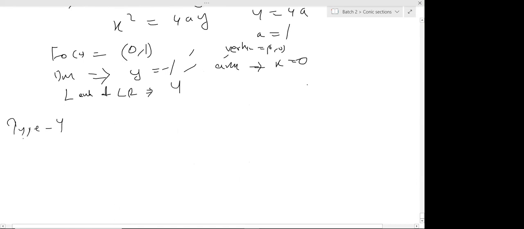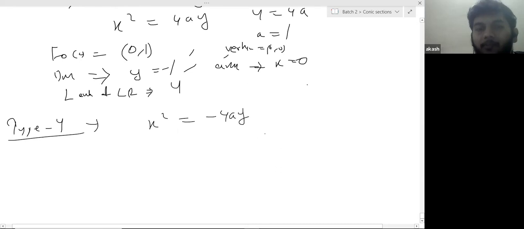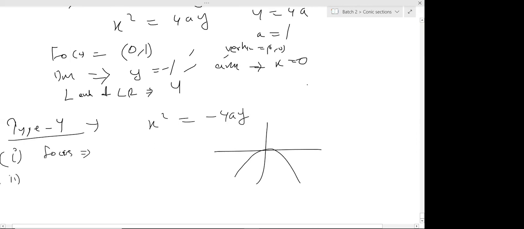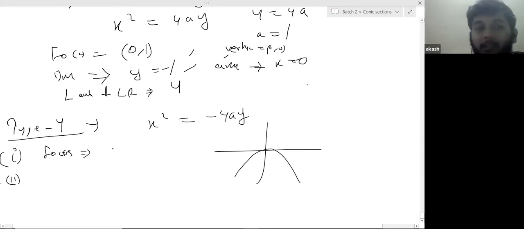Okay, type 4: x square equals to minus 4ay. How will it look? Atisha, start. What is the focus? 0 comma minus a.